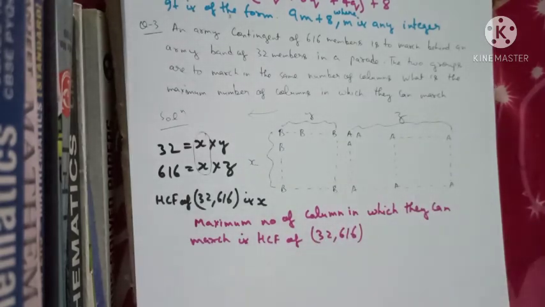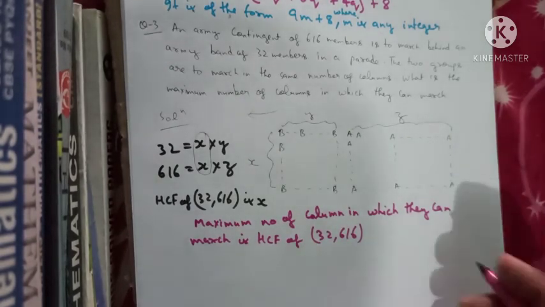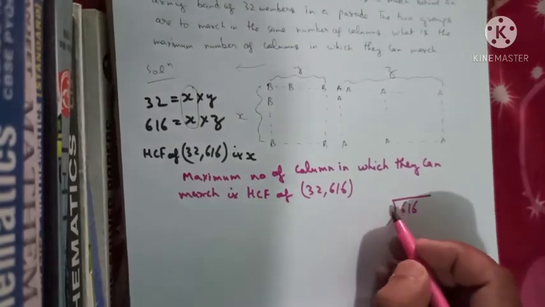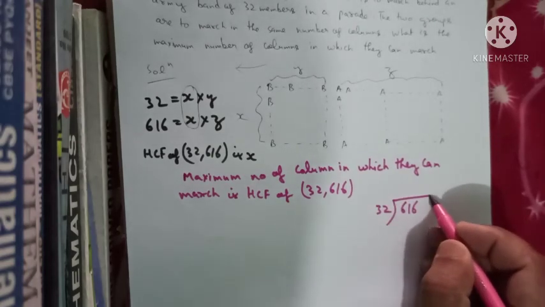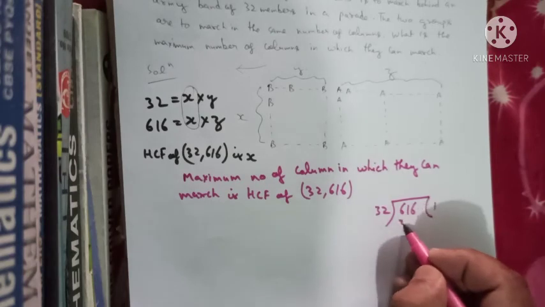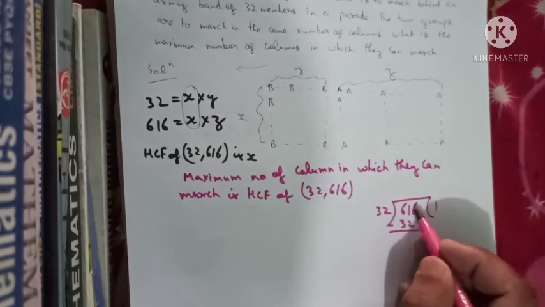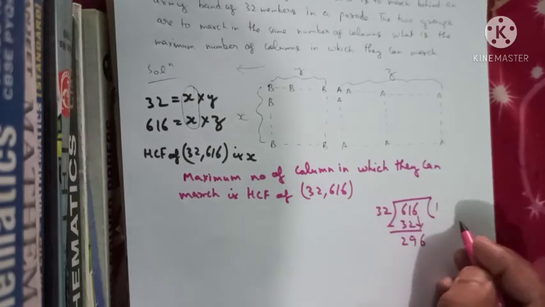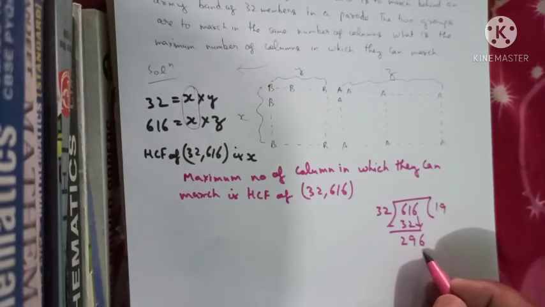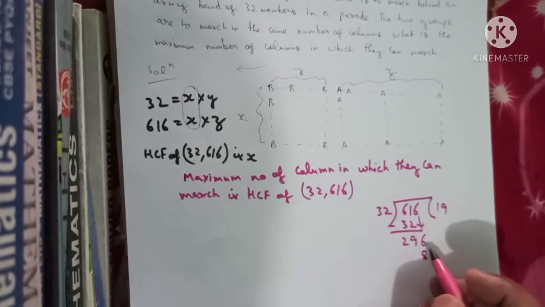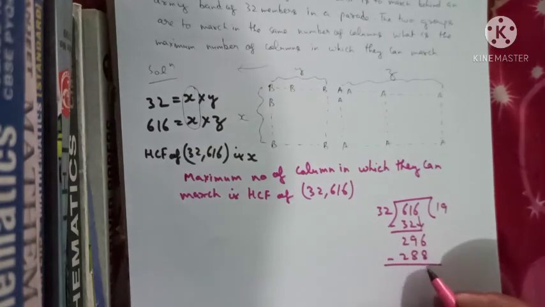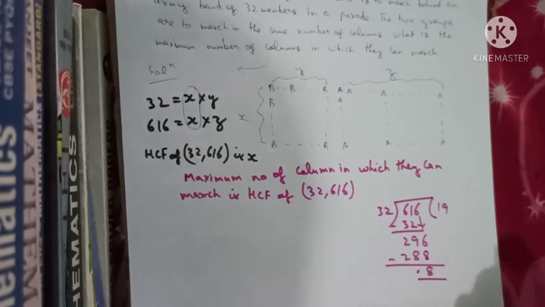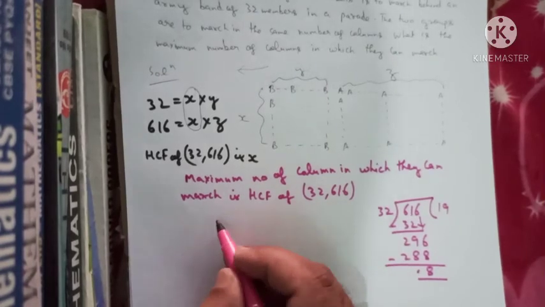So we have to simply find the HCF of 32 and 616. 616 is the bigger number, so it will become the dividend, and 32 is the smaller number, so it will become the divisor. 32 times 19 is 608, and the remainder is 8.